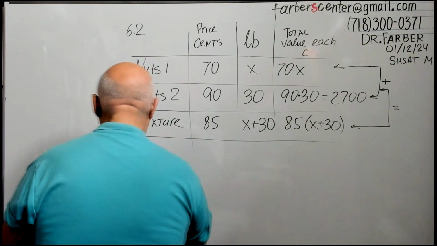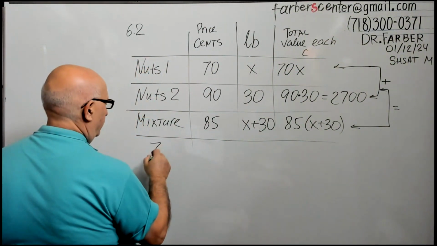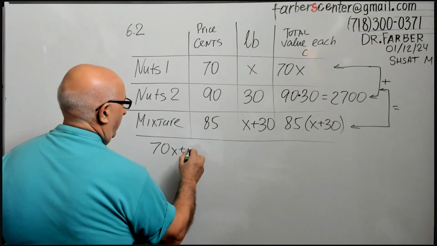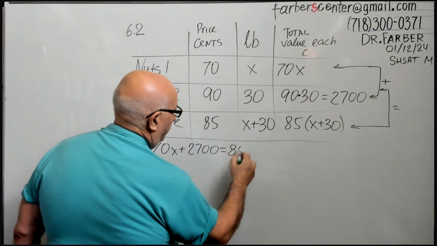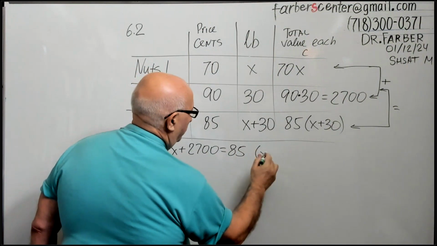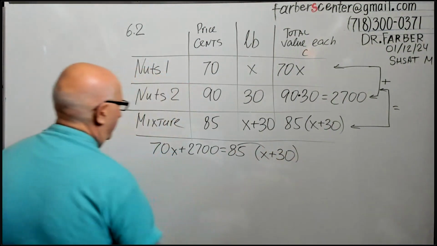So let's write it down. Equation: 70x plus 2700 equals 85 times x plus 30. And apply the distributive property.